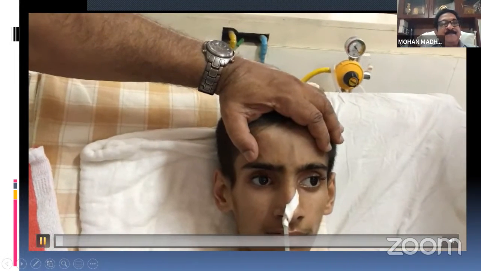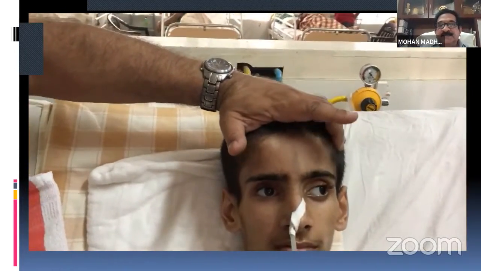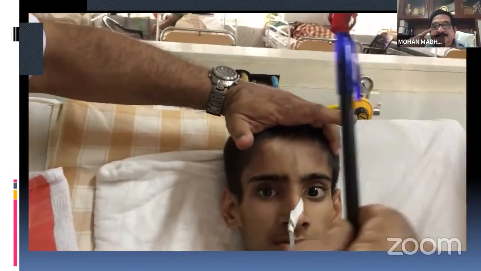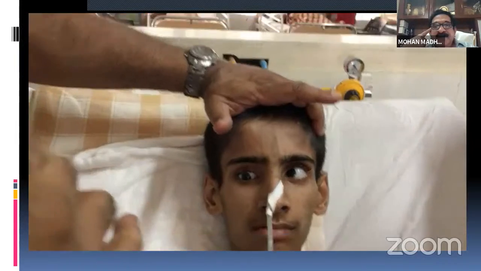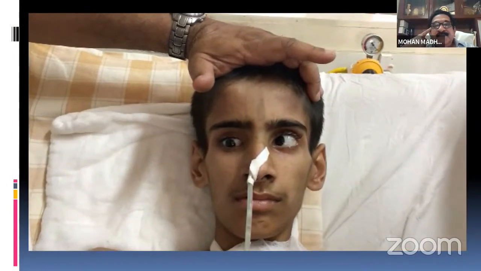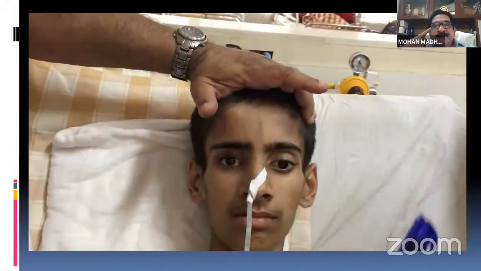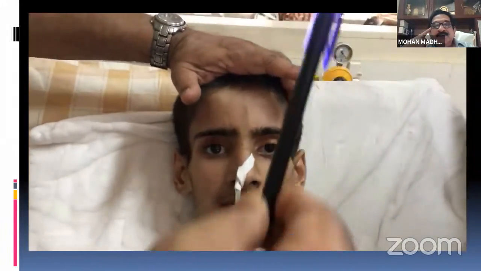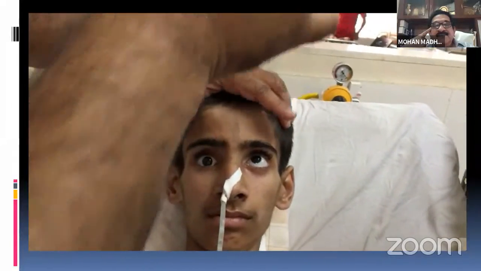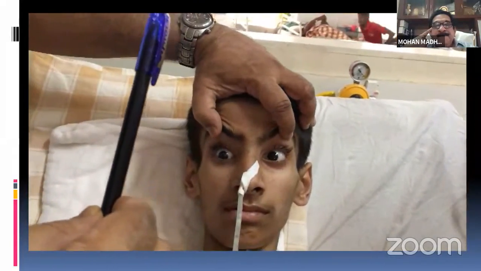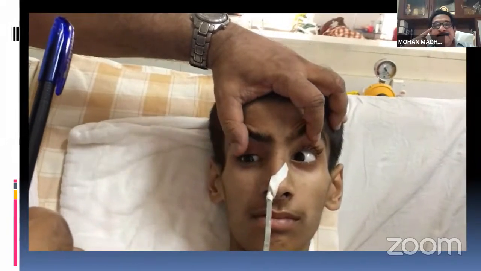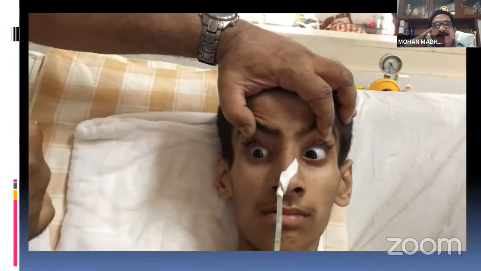Straight. Look to the left side. To the right, the right eye to the temple. Down, there's no downward movement.